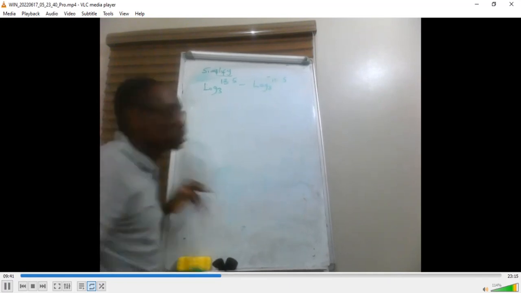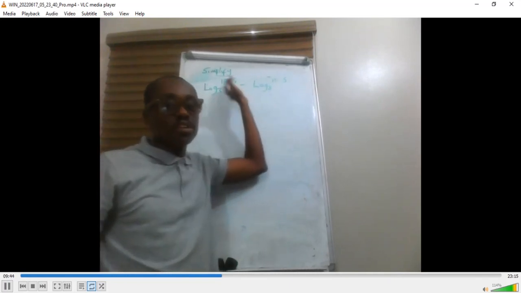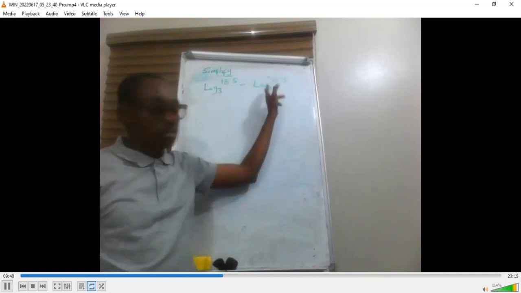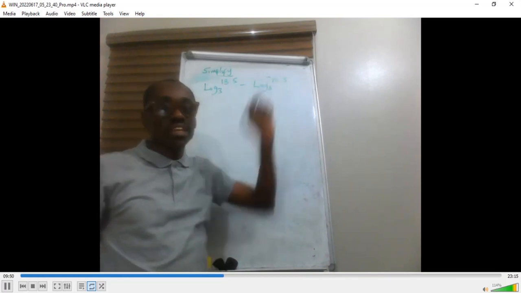Okay, so we have log 13.5 base 3 minus log 10.5 still to base 3.